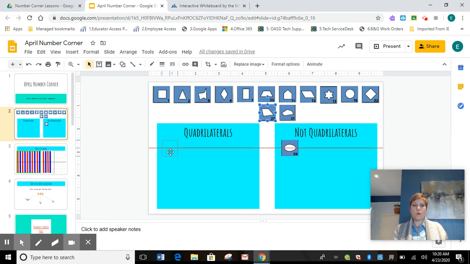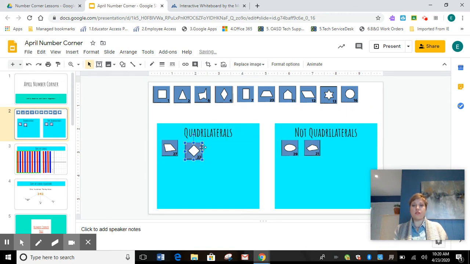It has those four sides and four vertices. What about the shape right here? No, this is a type of pentagon. What about this shape? Yes, a square is a type of quadrilateral. What about this shape? You're right, a circle is not.